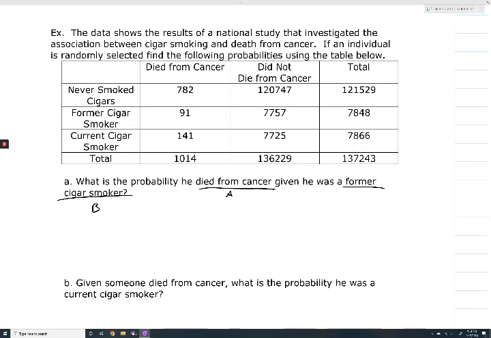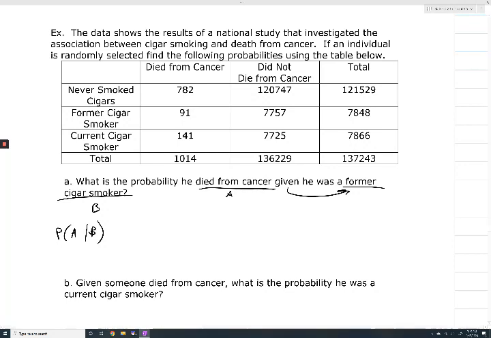Do we know for a fact that he died from cancer, or do we know for a fact that he was a former smoker? The fact that it says given he was a former smoker means that we know that for a fact. So remember that bar is the given part. So we're trying to find the probability of something given the fact that he was a former smoker, and the probability we're trying to find is A.